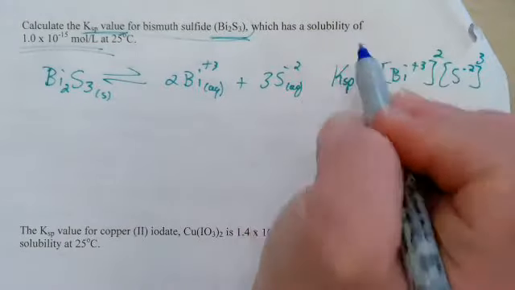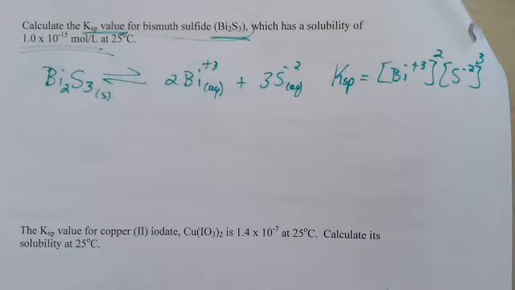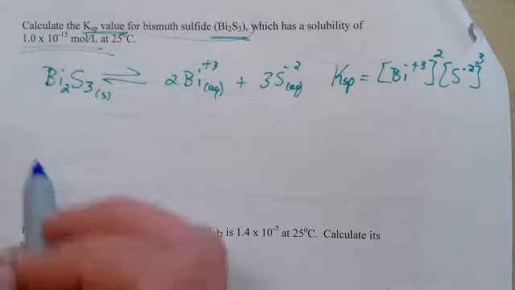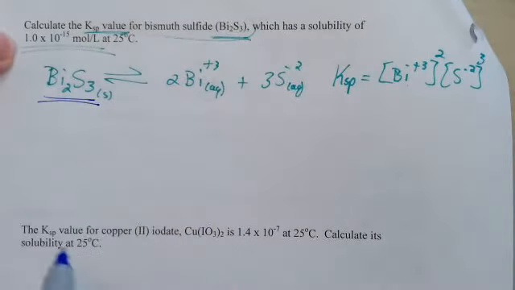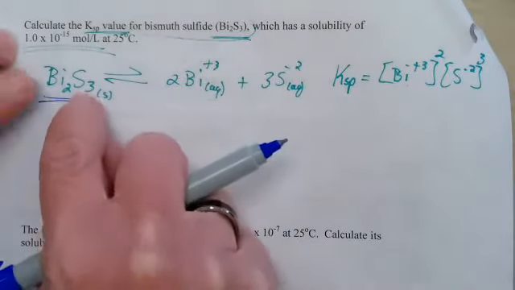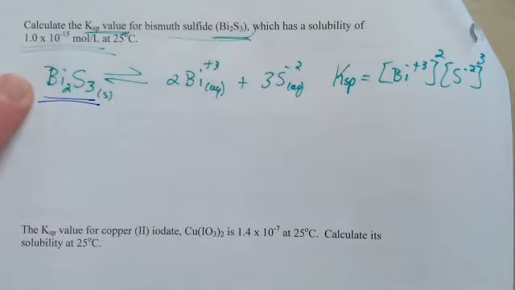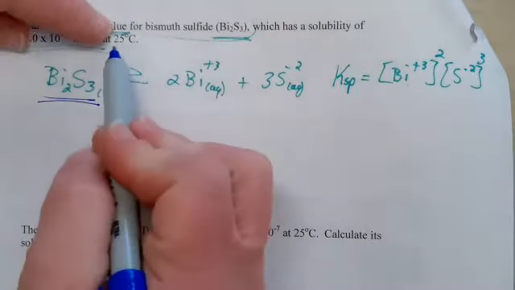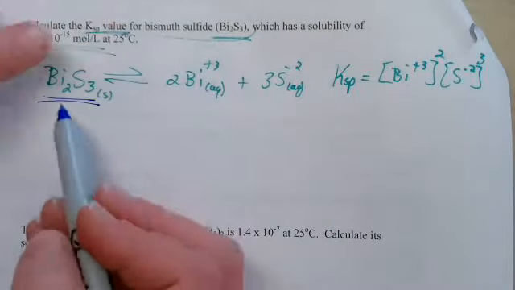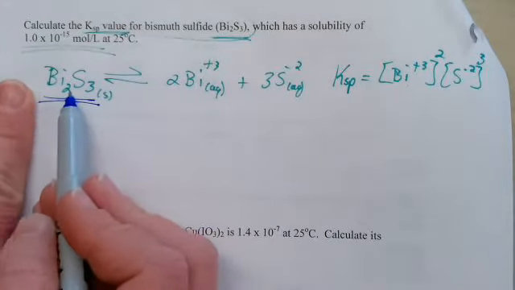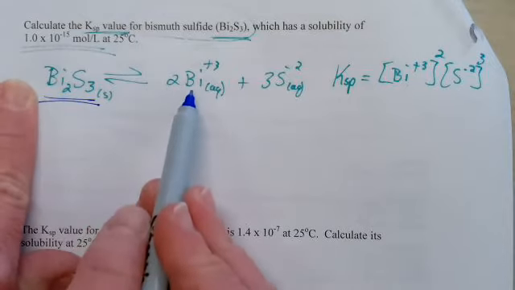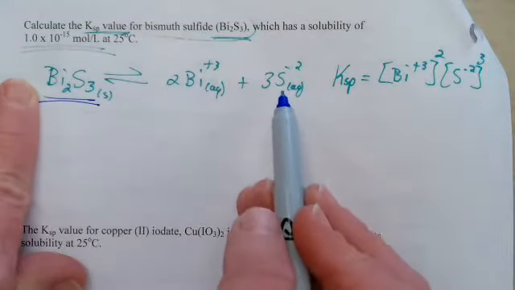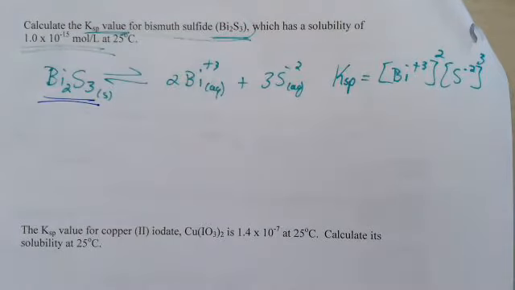The solubility. Whenever we're given the solubility, that is in terms of the formula. They're telling us 1 × 10⁻¹⁵ moles of this per liter will be found at this temperature. But we realize that, oh, but for every 1 of these, I get 2 and then 3 ions.